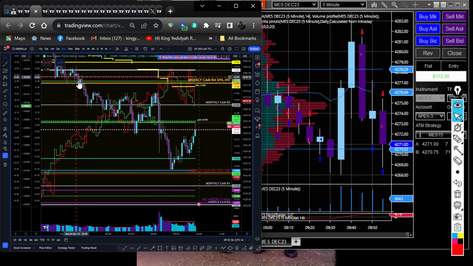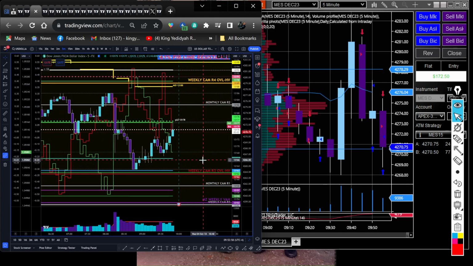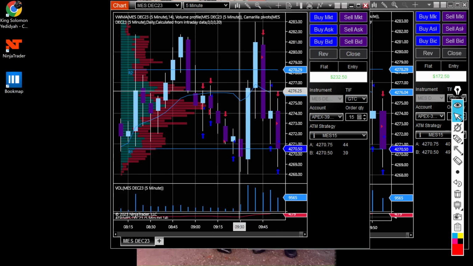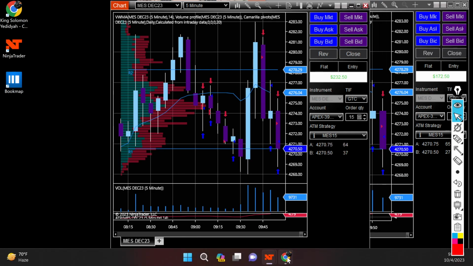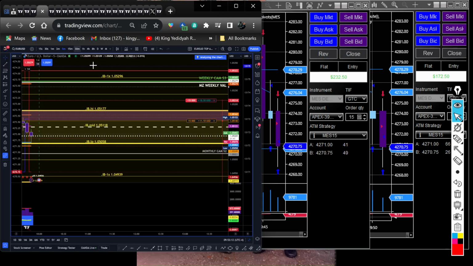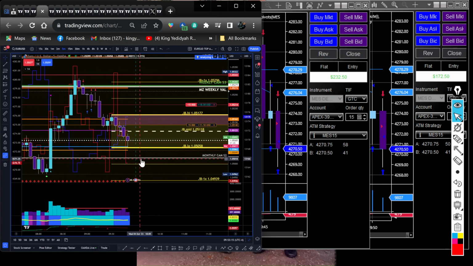Because this could just be a retest of that to pull back down. Because we're actually in a downtrend right now, so I gotta be mindful of that. So I secured a little bit here on these trades. So green on the day. Just trying to be nimble and manage this trade properly.